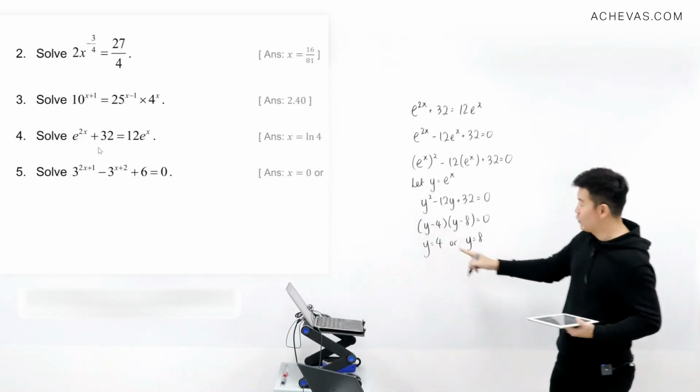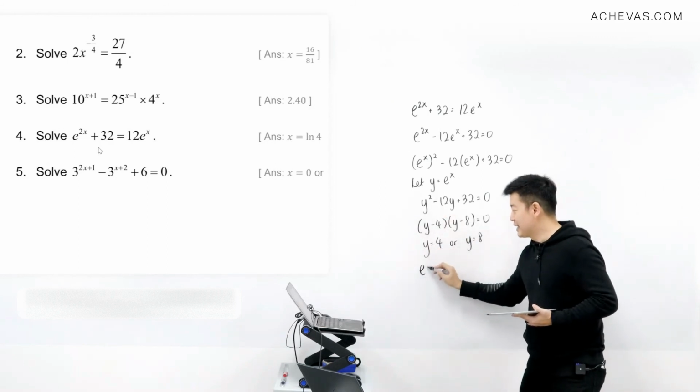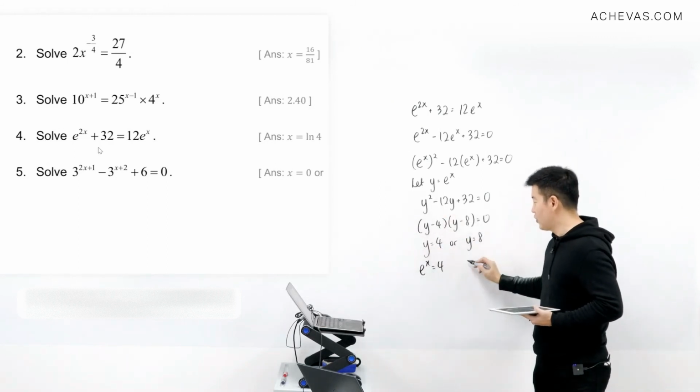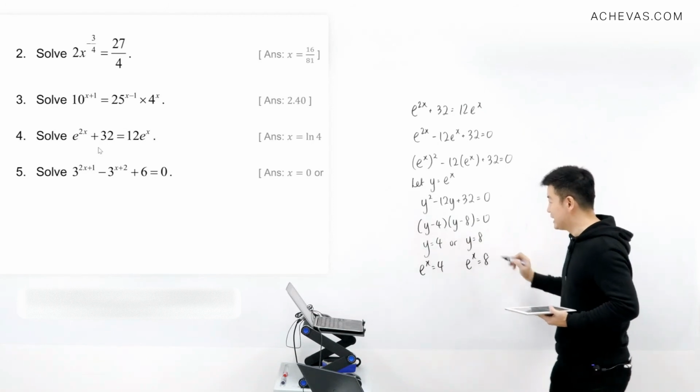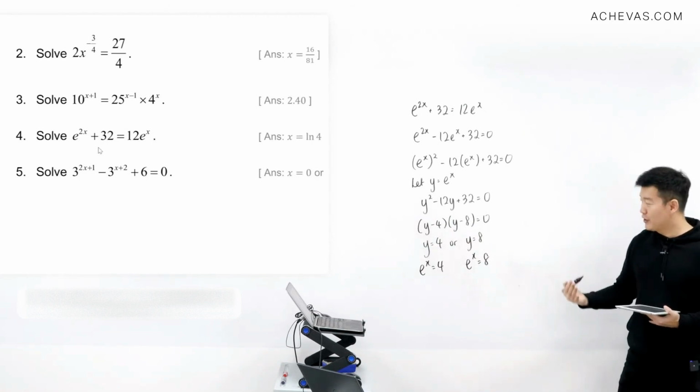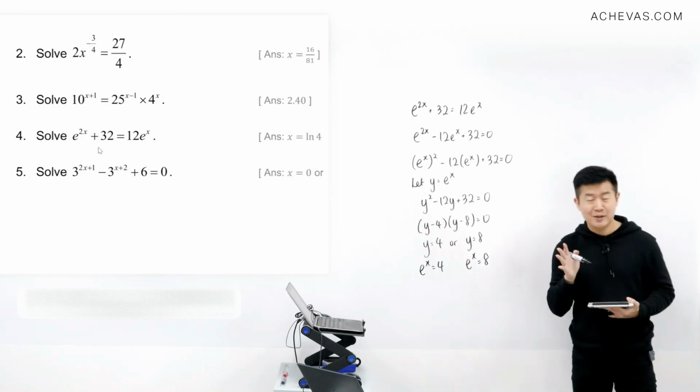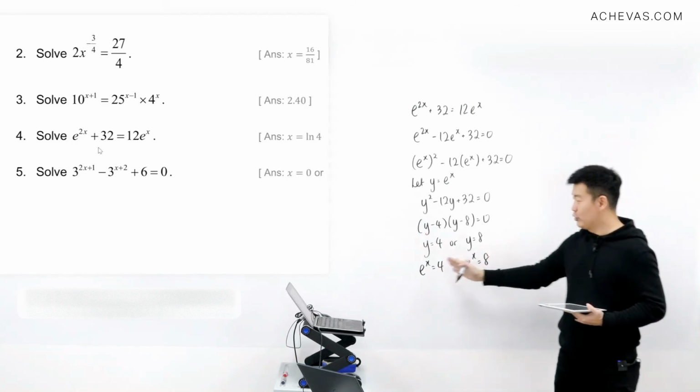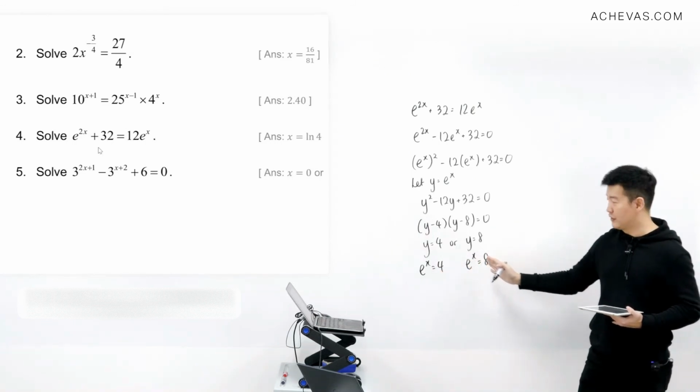But let's not forget what y represents. y represents e to the power of x. So e to the power of x is 4, and e to the power of x is 8. In order for me to further solve for x, I'm going to once again make use of logarithms. I'm going to take natural log, ln, on both sides of the equation.